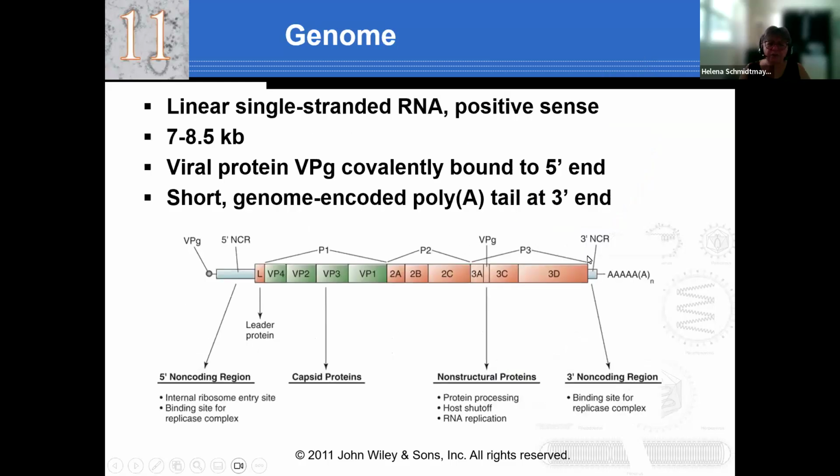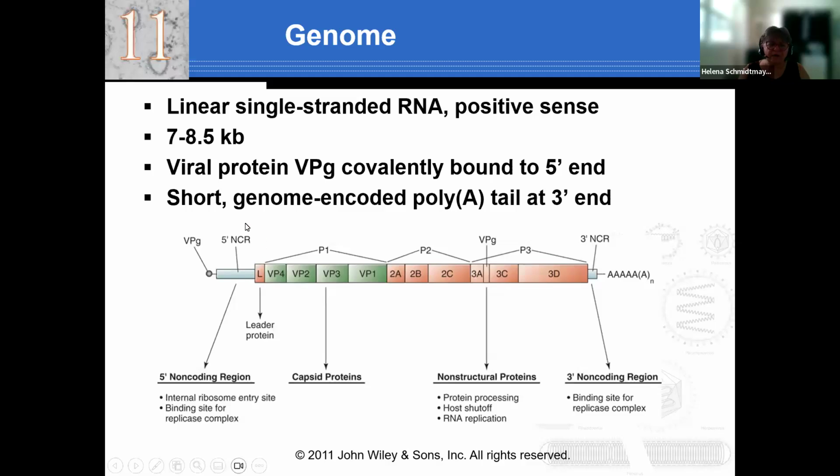The genome of picornaviruses is formed by linear single-stranded RNA with positive strand. On the 5' end you can notice this VPg protein, which is covalently bound to the RNA.